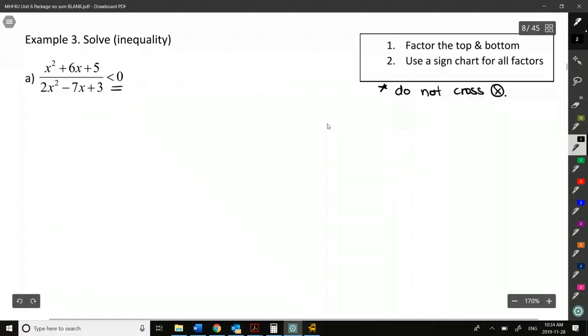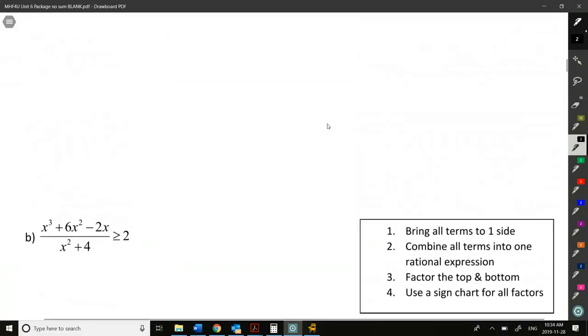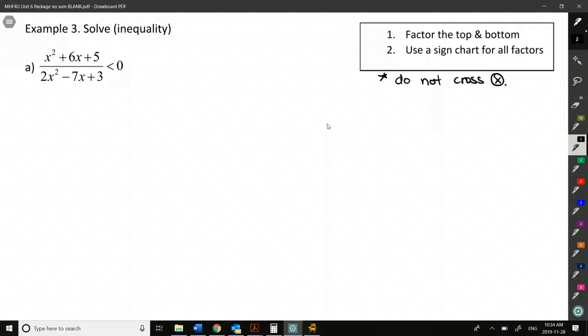We still want this set equal to 0, but if it's not equal to 0, I will take whatever I have on one side and move it over to the other side. So if I have less than 1, for instance, I will move that over and it will be my expression subtract 1. We'll approach that in our next example. But for now, we have an expression that's less than 0.